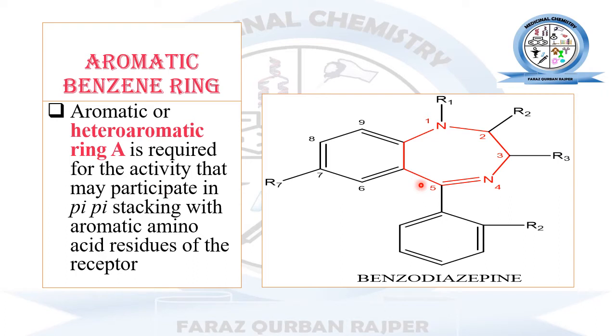This benzene ring causes pi-pi interaction with the amino acid residues of the GABA receptor, and this causes strong binding with the receptor, due to which benzodiazepine can produce its biological activity.